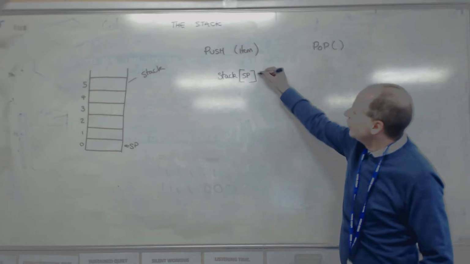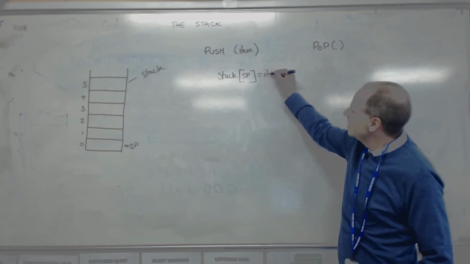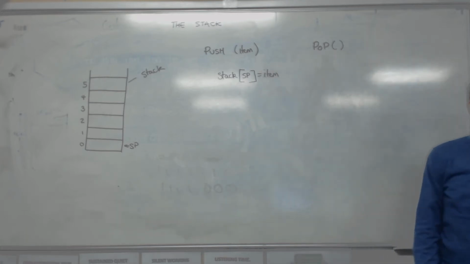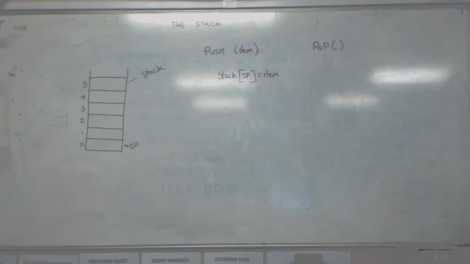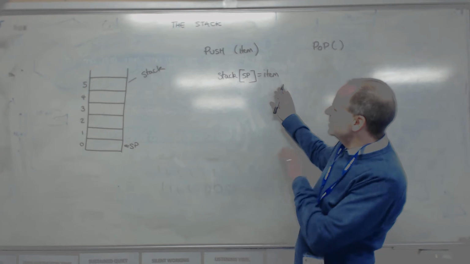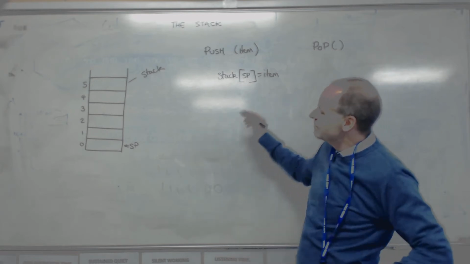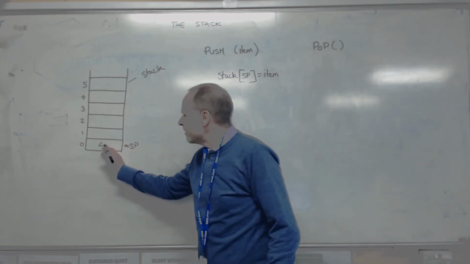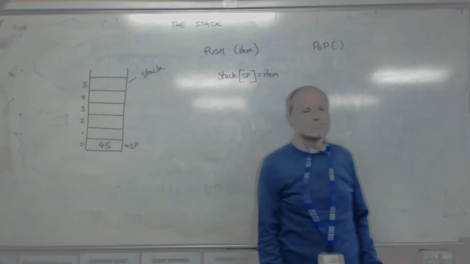And then I'm going to store the item. Nice and easy. Okay? So once I've put an item, so let's assume we're going to put, I don't know, the number 45. So using this notation that I've just written, we're going to put 45 there. Everyone happy with that? Yeah?